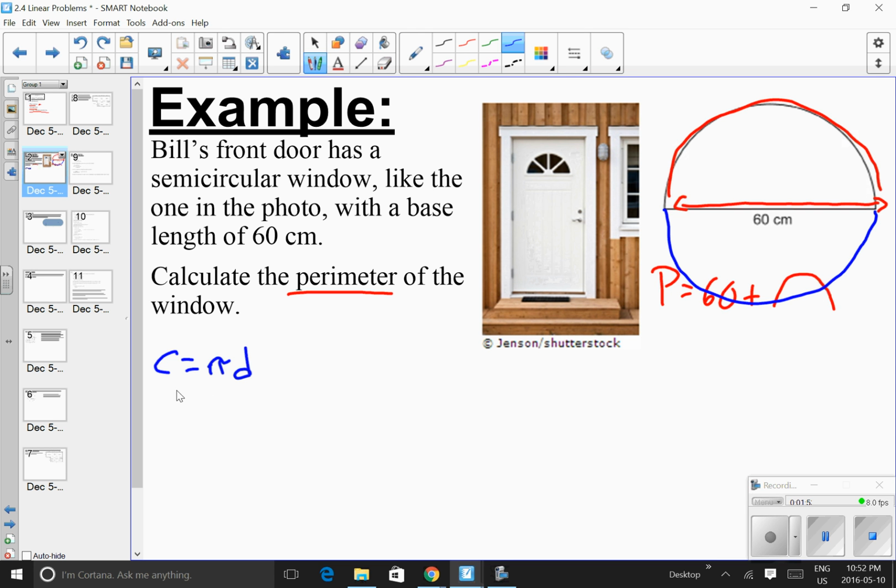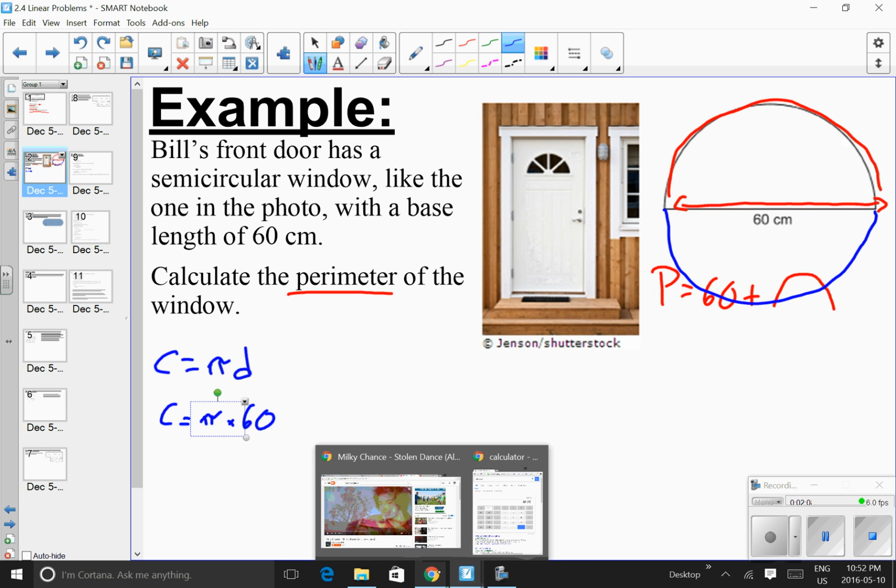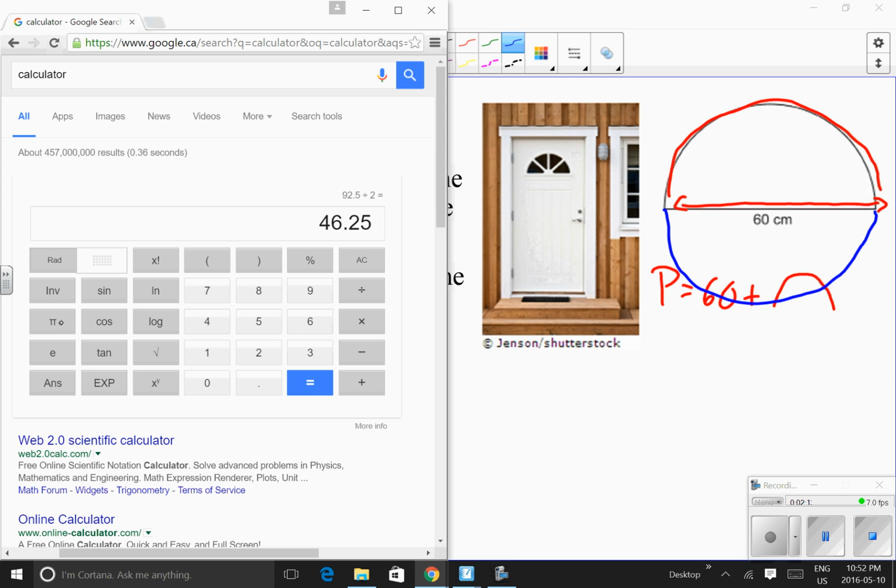So let's figure it out for the full circle. Circumference equals pi times diameter. My diameter is 60 centimeters. So pi times 60 equals 188.49.